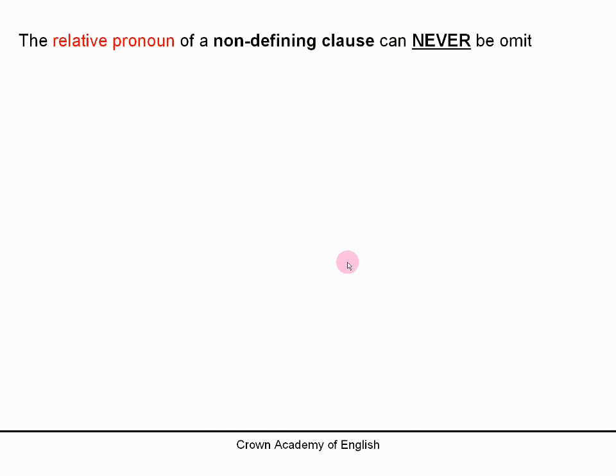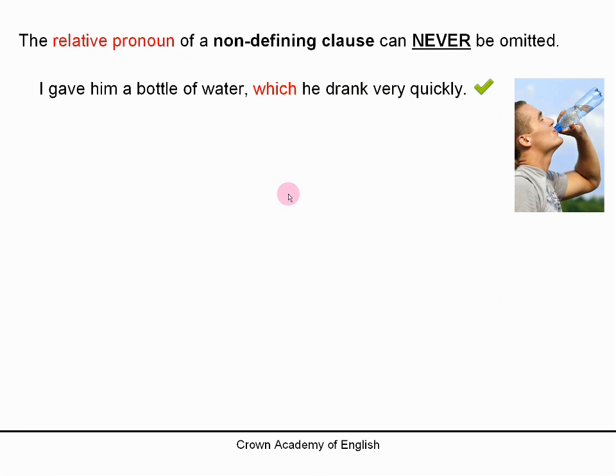The relative pronoun of a non-defining clause can never be omitted. Okay, so it means that the relative pronoun of a non-defining clause, it's compulsory. We must write it. We must use it. Example. I gave him a bottle of water, which he drank very quickly.